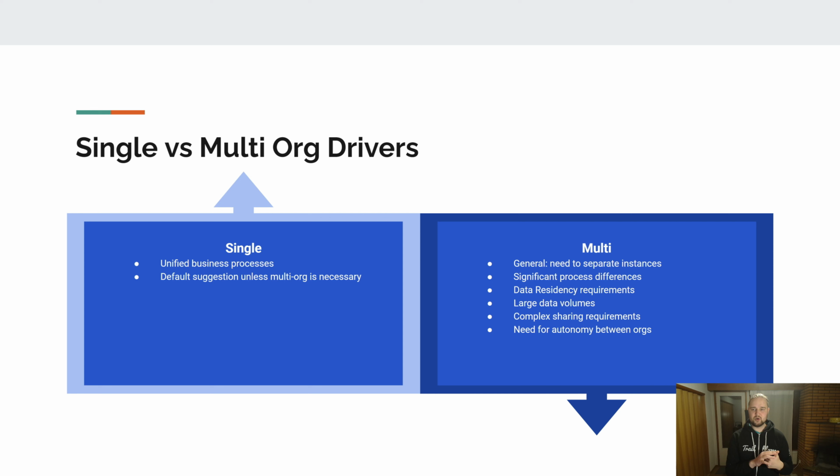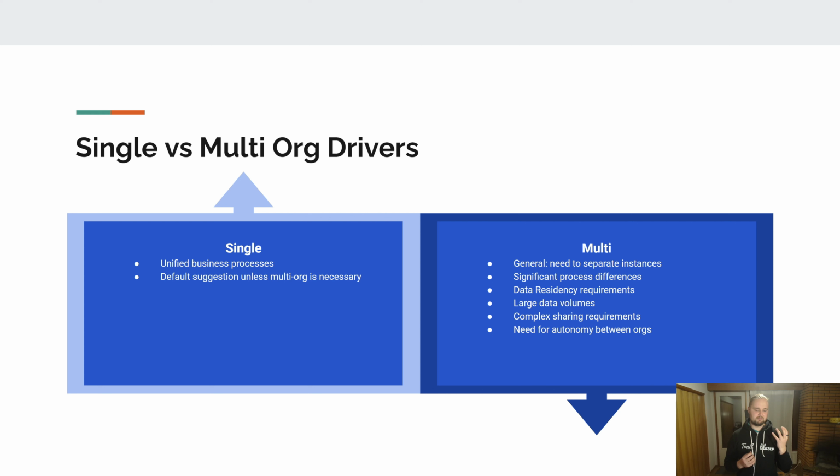Because of the deviations in those processes, it makes more sense for us to go with multiple Salesforce orgs as opposed to a single Salesforce org for both geographies. Another point to consider is data residency requirements. If we need to store our data within certain geographical areas, then we have to have our Salesforce instance hosted in that particular geographic area.